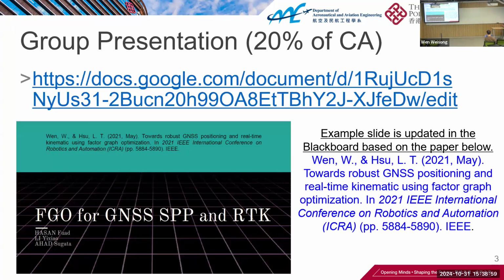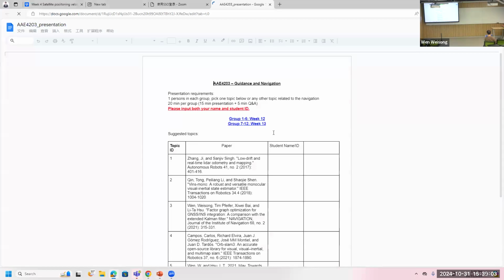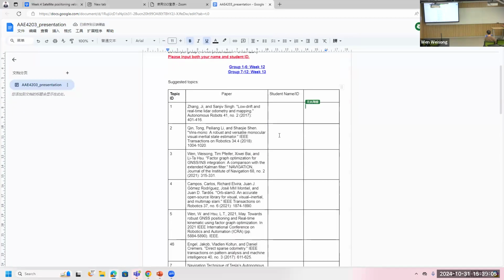In this Google Doc, I provide several topics, so you can select your topic. I provide quite a few topics here. For example, Chen Jun, you can put your name. If you select this paper, you want to present it for 15 minutes, with 5 minutes for QA, so put your name and student ID here.